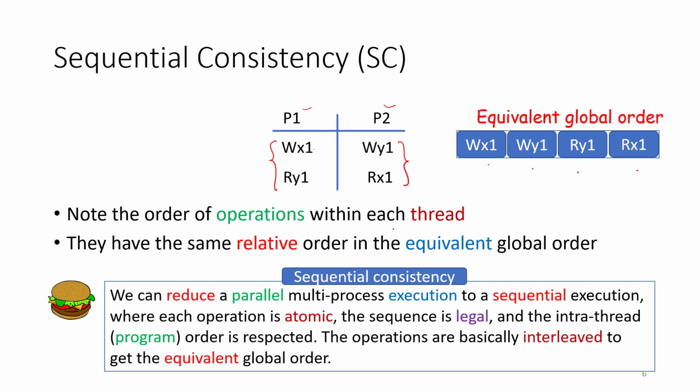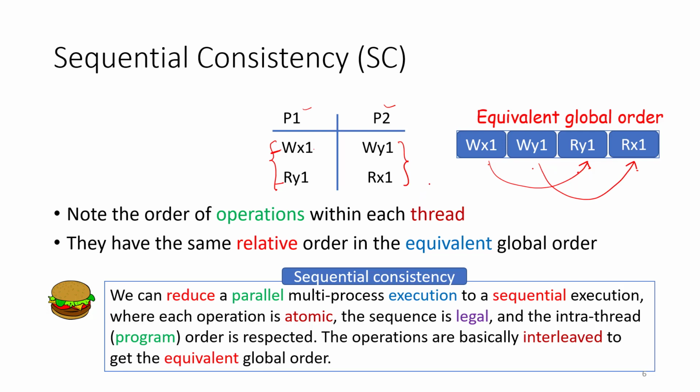Within the thread, this is the first instruction, this is the second. So clearly the intra-thread order is Wx1 first and Ry1 after that. Similarly, we see Wy1 first and Rx1 after that.